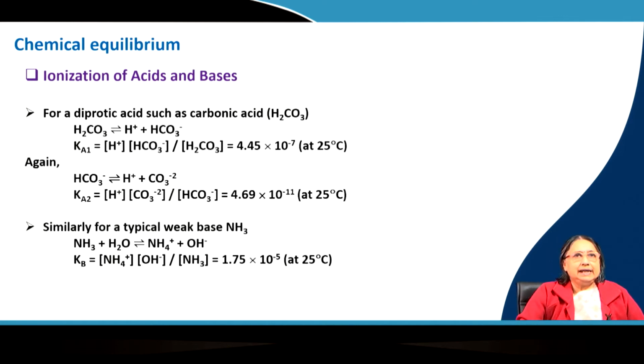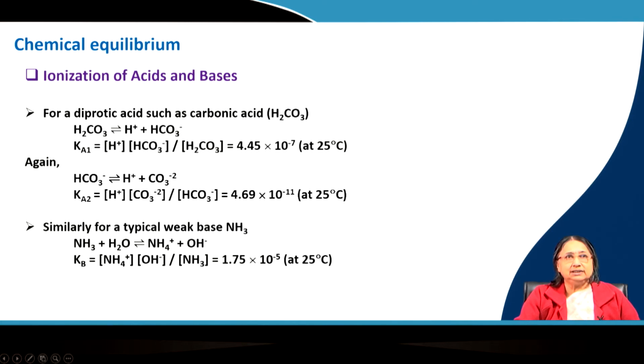Now, in case of diprotic acids, a very important example is carbonic acid. You see here H2CO3, which means 2 protons are there. When the first dissociation occurs, H2CO3 will give H plus ion plus bicarbonate ion, and here we write Ka1.